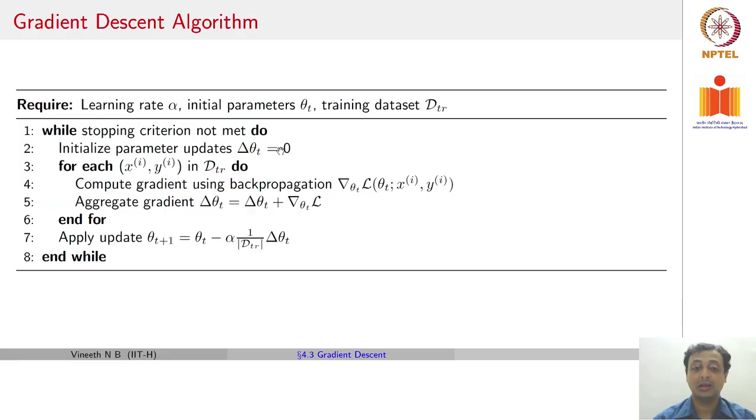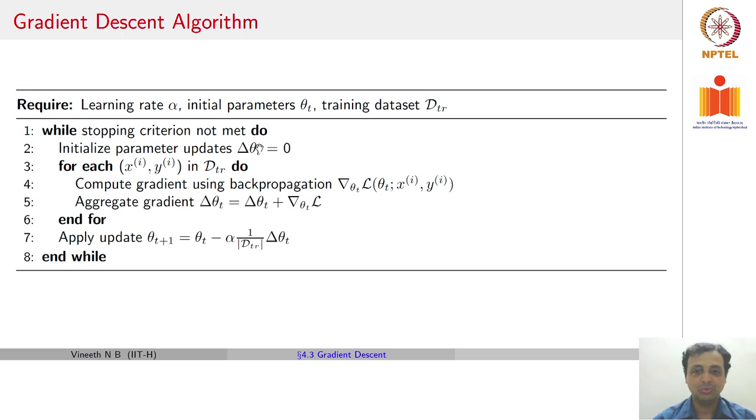Here is the gradient descent algorithm. You're given a learning rate. You have some initial parameters theta t and a training data set Dtr. As long as the stopping criterion is not met, you initialize your parameter updates, and for each point in your training data set, you compute your gradient using backpropagation of the loss function with respect to each of your parameters, and you aggregate your gradients in your delta theta variable.